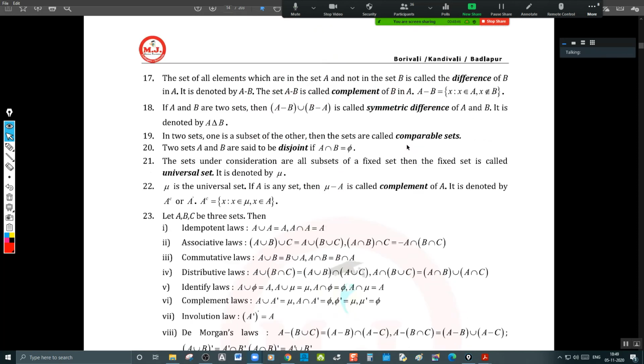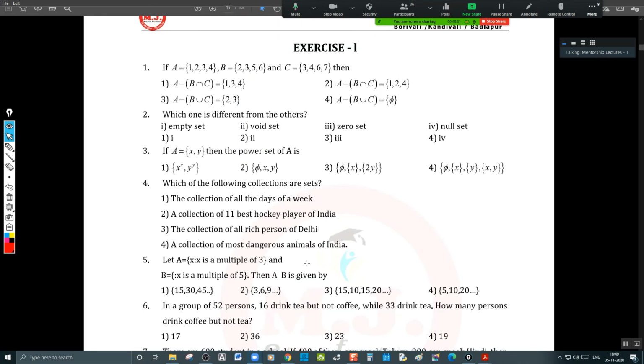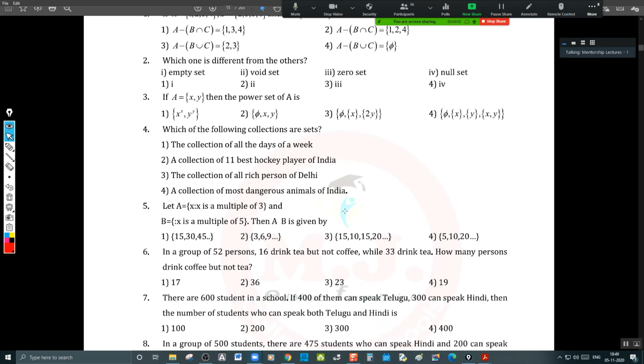But in the exercise, I have taken a few problems from this, along with my own problems, to make you work out this.